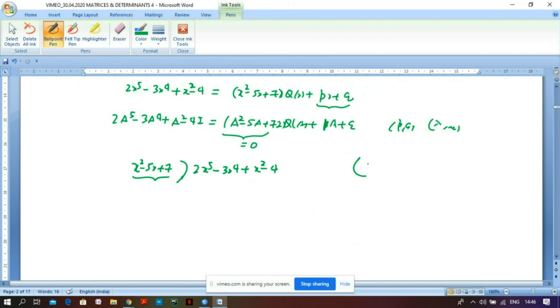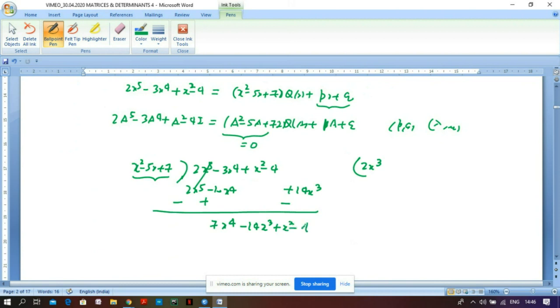So first step would be 2x cubed. So you will have 2x cubed, that is here 2x^5 and then minus 10x^4 and plus 14x cubed, which is not here, so I'll write it separately as it's not here. Change the sign: negative, positive, negative. This goes away. Now we are left with 7x to the power 4, and arranging the order, minus 14x cubed and plus x squared minus 4.